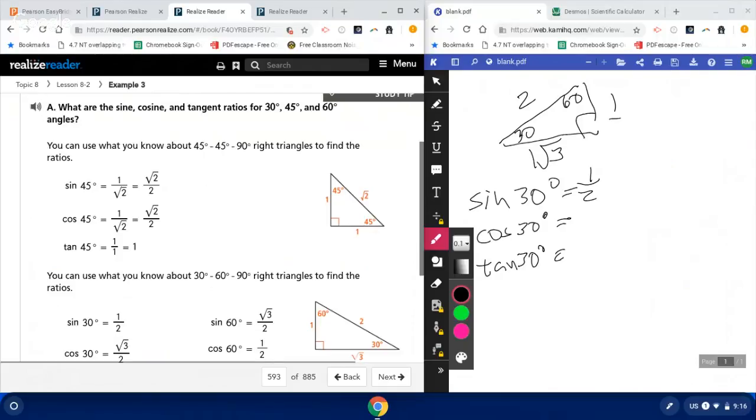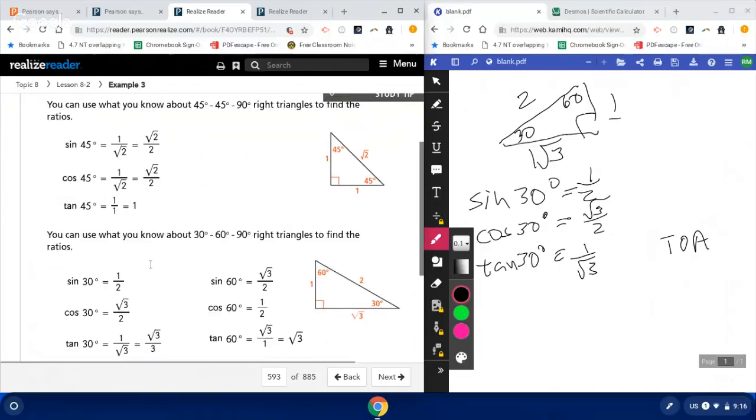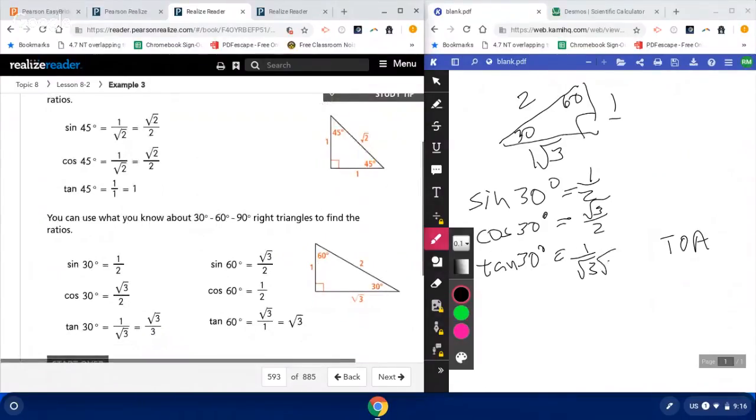Cosine is adjacent over hypotenuse, and tangent is TOA, opposite over adjacent, so that's 1 over square root of 3. They're not going to like that. They'll multiply the top and bottom by square root of 3, and that gives us square root of 3 over 3. We'll talk about that later.